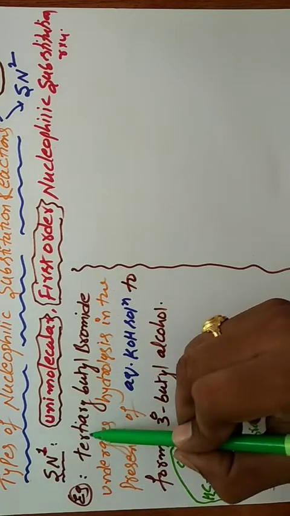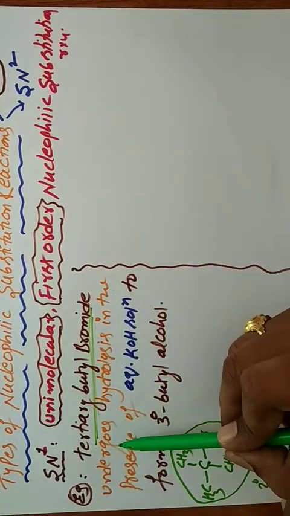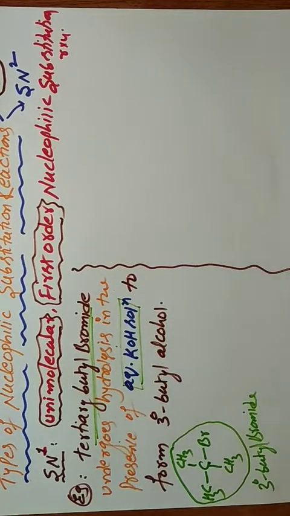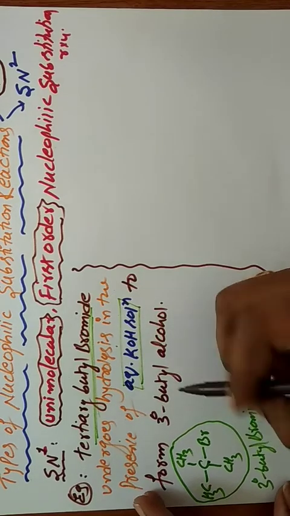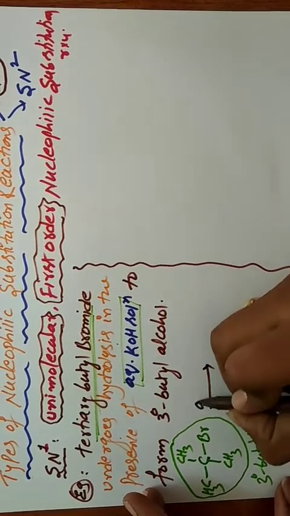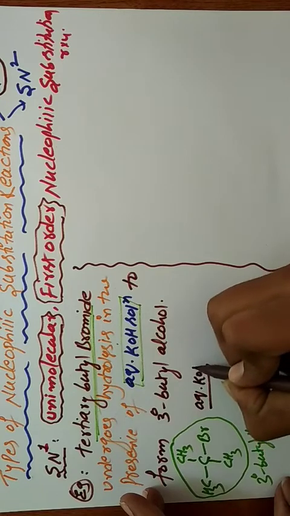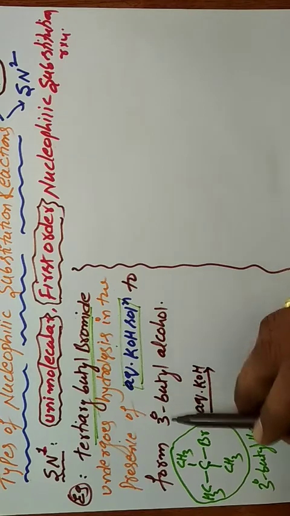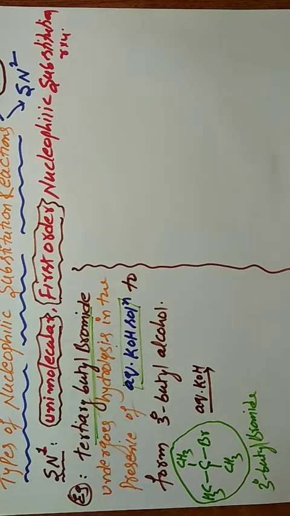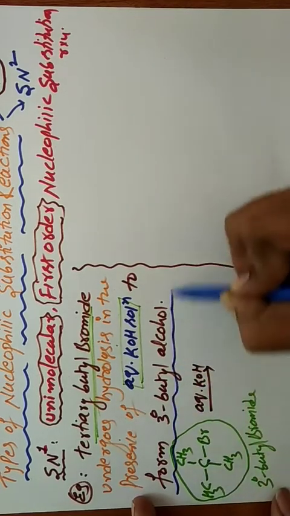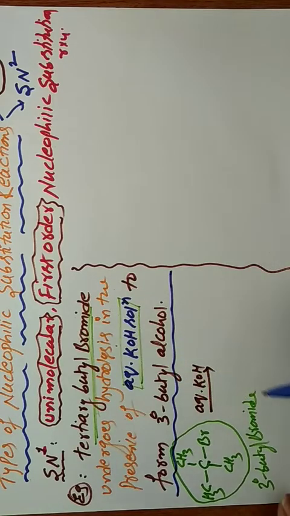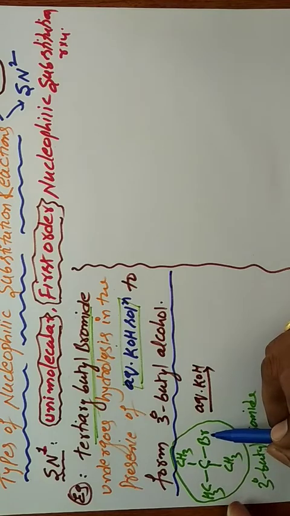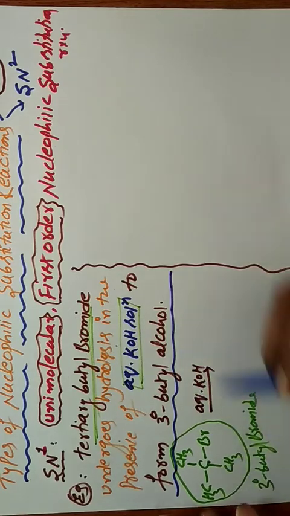This tertiary butyl bromide undergoes hydrolysis in the presence of aqueous KOH solution to form tertiary butyl alcohol. That means the tertiary butyl part is the same, but instead of bromine, an OH group is attached here.